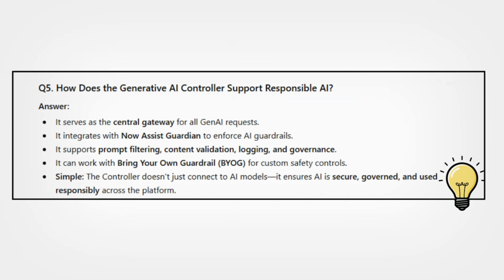So they can enforce custom rules on the content produced by the generative AI for their company or organization. Because all generative AI traffic for Now Assist flows through the controller, Guardian and AI Control Tower can monitor and control which models are used, how they are called, and what kind of response is coming back. Okay, all verification is done here. So we can say it is a kind of well-maintained AI responsibility.